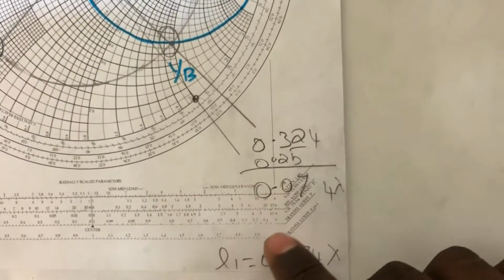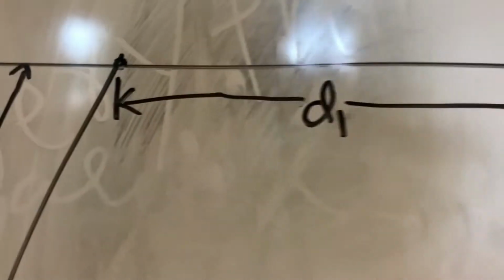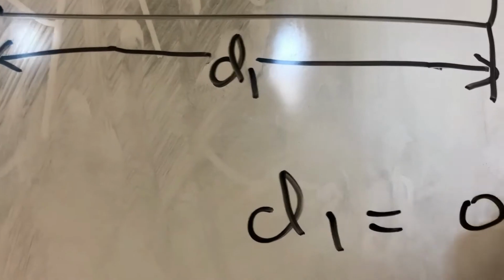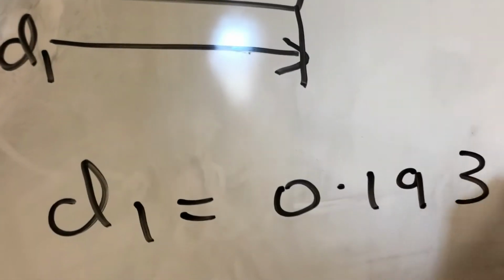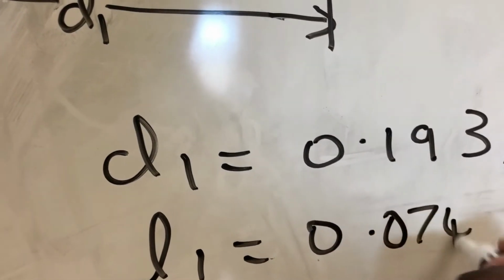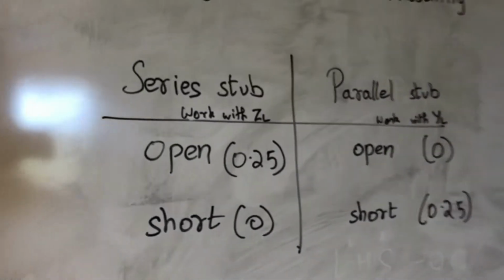So write it down and subtract, we get 0.074 lambda, which is going to be the length of the stub. So this d1 is going to be 0.193 lambda, and length of the stub L1 is going to be 0.074 lambda.